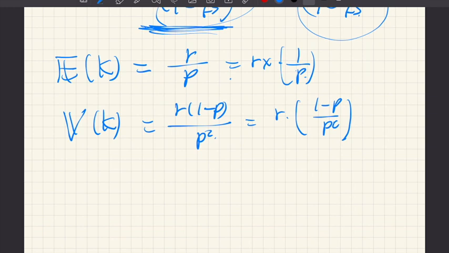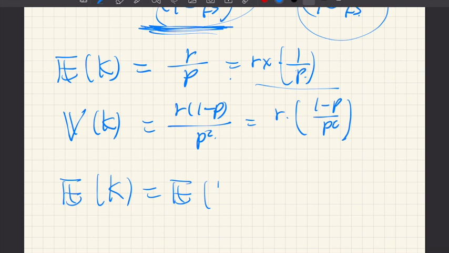Actually, this is easy to understand. This k is a sum of r geometric random variables, right?